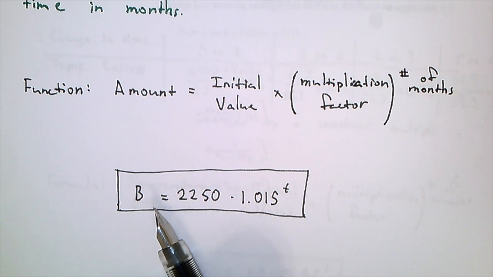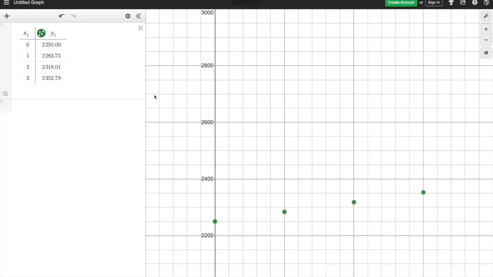To finish this off, let's look at a graph of our data and our exponential model. To wrap up our example, we'll go to Desmos and make a graph of our data, and I've already entered it for us. In the first column, I have the months, and in the second column, I have the account balance, the savings balance, and I've already adjusted the graph to show our points, and they're here in green.